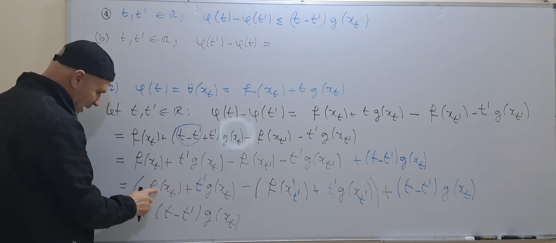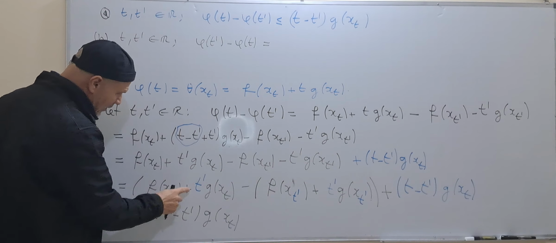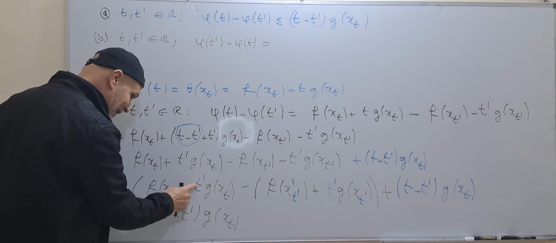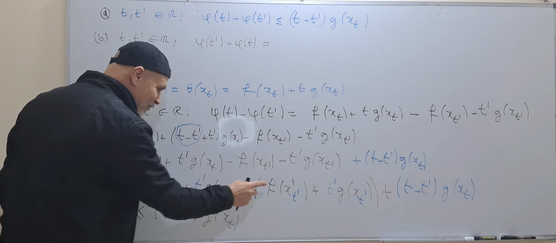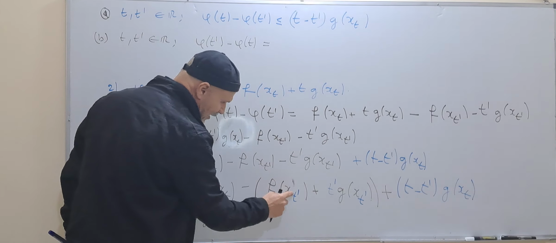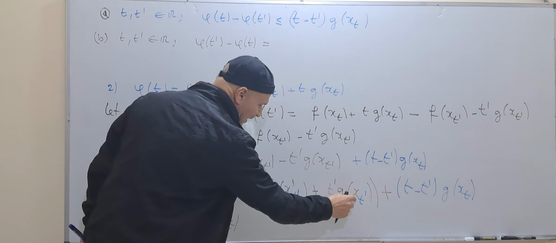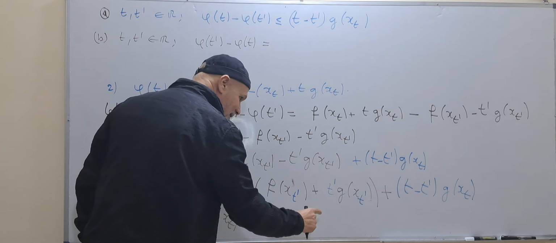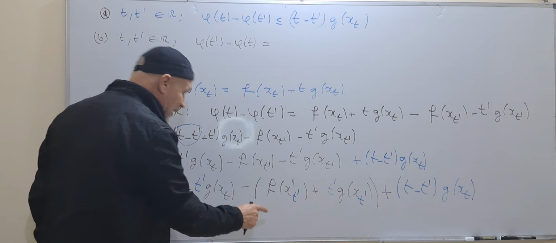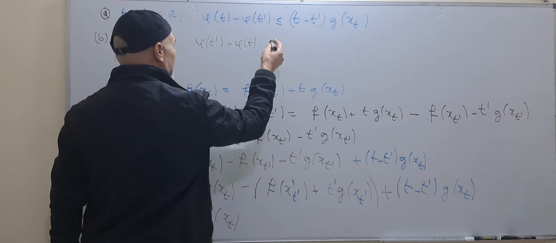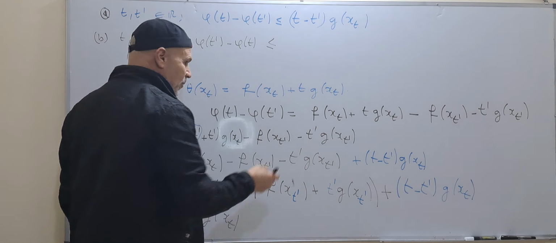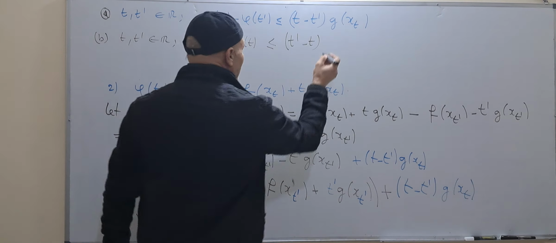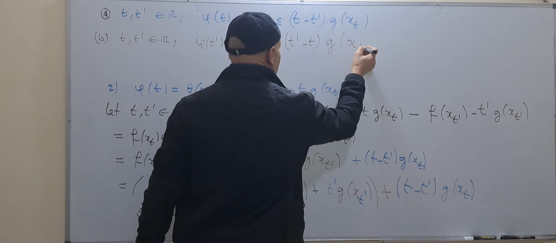Here we will get f of x t prime, t g of x t prime, and here we will get f of xt plus t g of xt. This means that the maximum is attained here, and since it is attained here, it will be negative, and this will be less than or equal to t prime minus t g of x t prime.